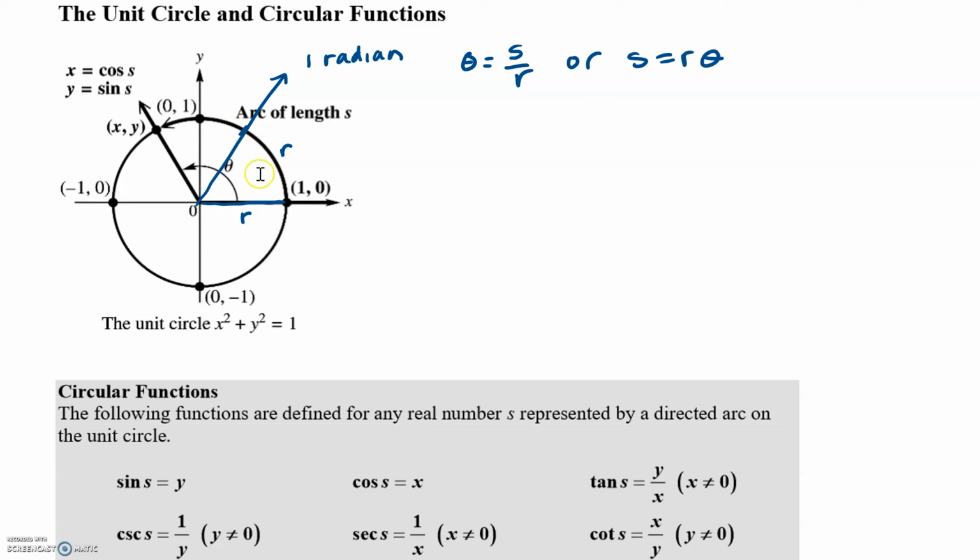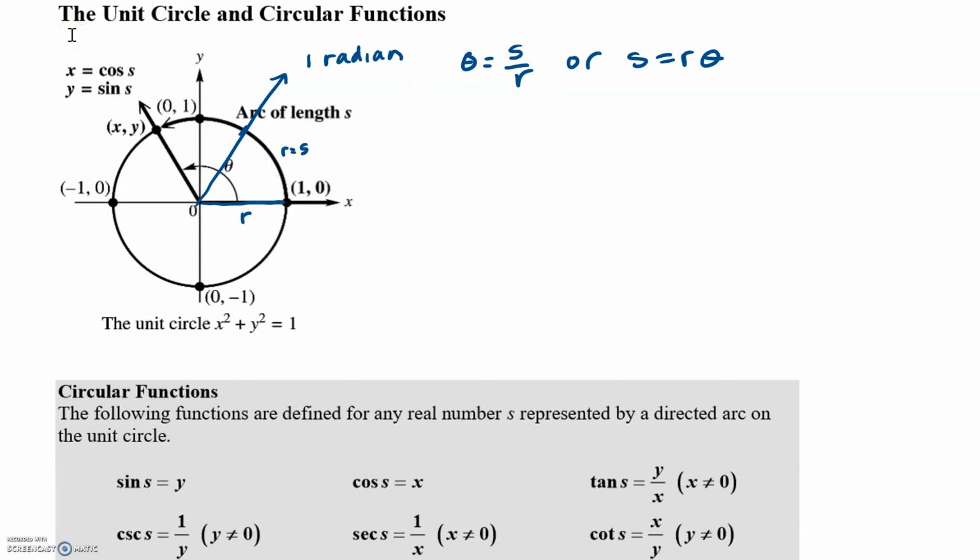So you can see when this distance, this s, equals r, you would have your angle to be 1 radian, which is a fine definition. But this measure, theta, is a pure number because both s and r are in the same units. So say you had feet or inches, for instance, or centimeters, then the centimeters would cancel and theta would be a pure number.